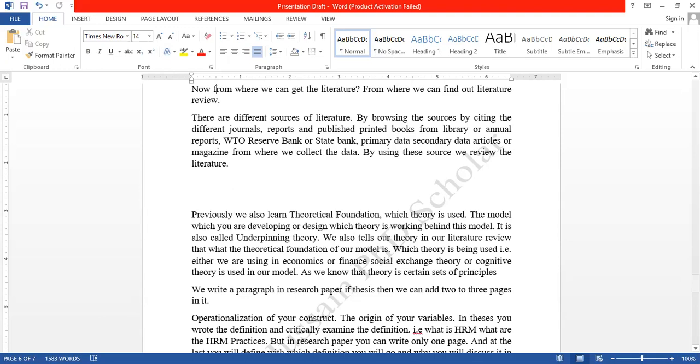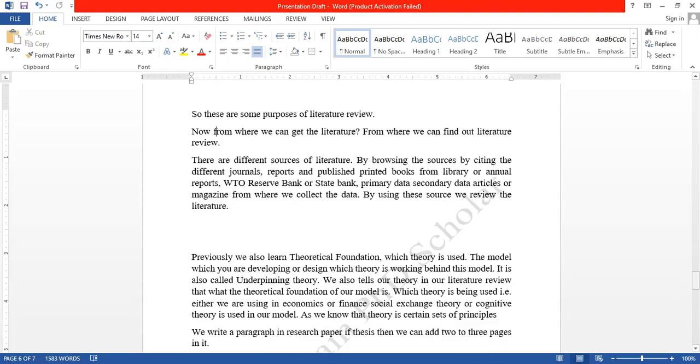We also tell in our literature review that the theoretical foundation of our model is based on a previous theory, for example cognitive theory and social exchange theory, or Phillips theory, or any other theory.